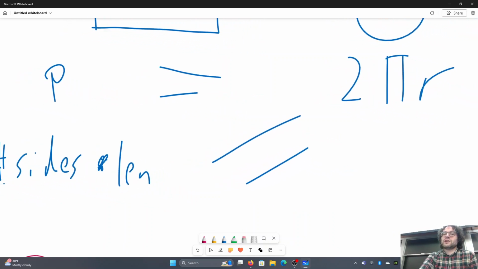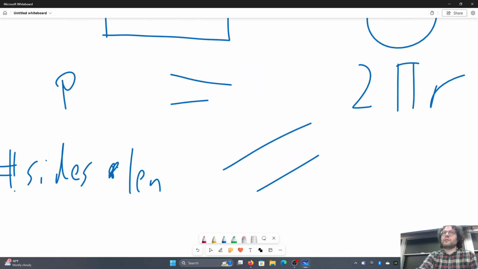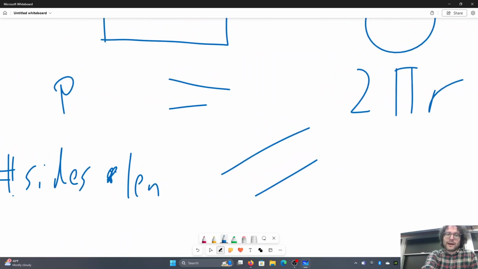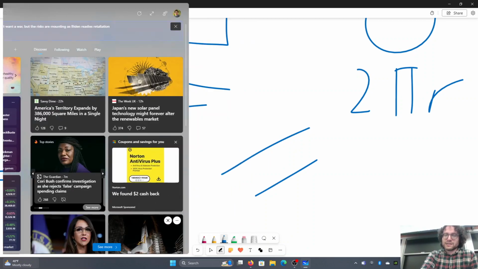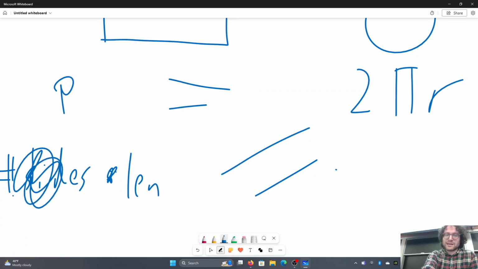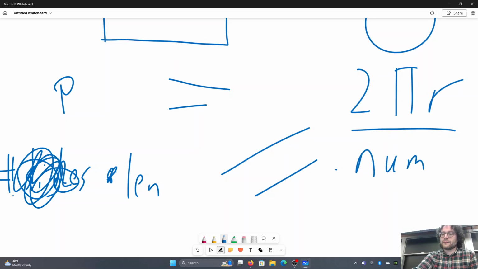And since it's an equation, I can do all that annoying algebra stuff that Algorithmity figured out, which is I can take this multiplication and divide both sides by it. In other words, move it over here. We get 2 pi r over num sides.